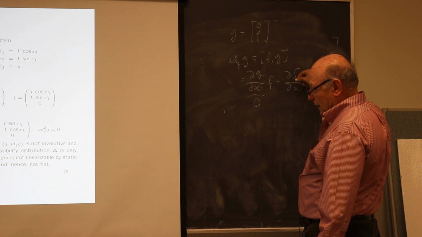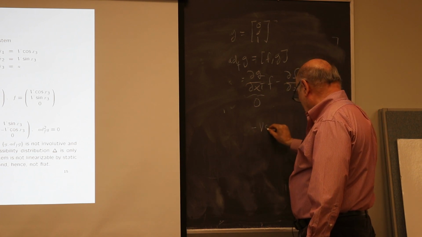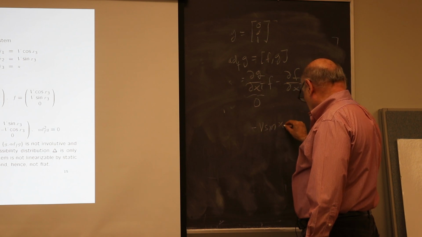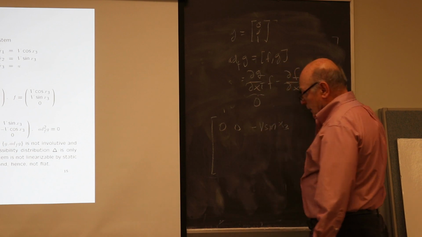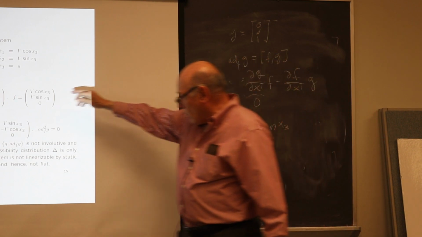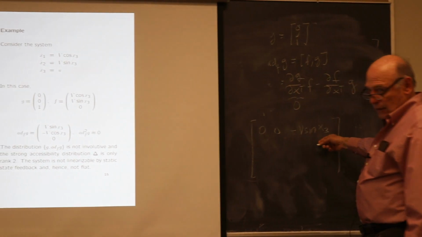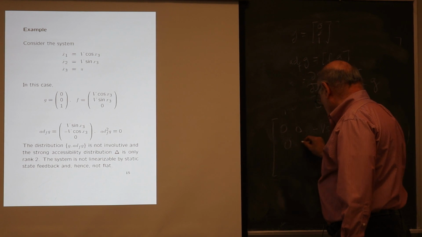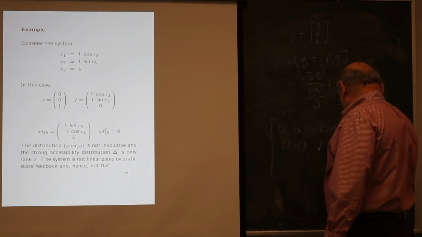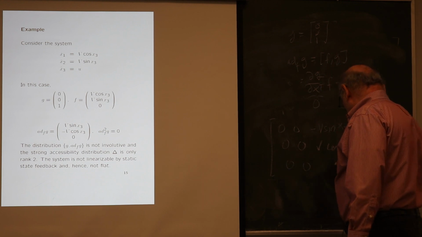Partial of f with respect to x will be minus v sine of x3. That's a matrix, right? f doesn't depend on x1, doesn't depend on x2, it only depends on x3. So in x3 you will have that. The second component doesn't depend on x1, doesn't depend on x2, depends on x3, and the third is 0, it doesn't depend on any of them.